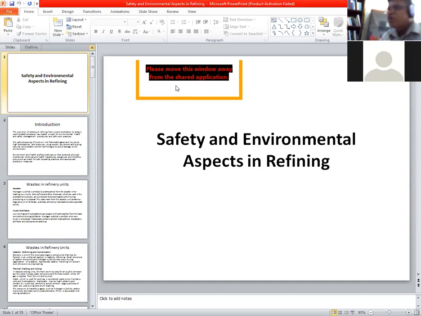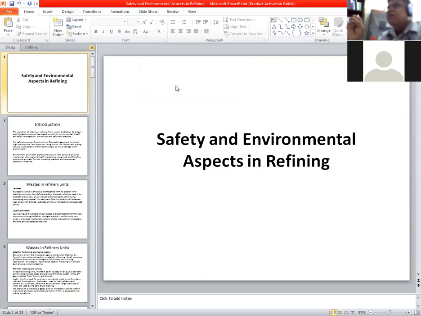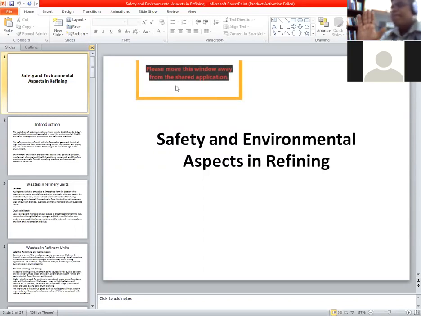It pollutes not only the air, including air emissions. It can affect water also, and it can affect the soil also. For example, if you compare the refinery with a palm oil mill, normally the palm oil mill issue is mainly palm oil mill effluent, POME, which is related to the water.